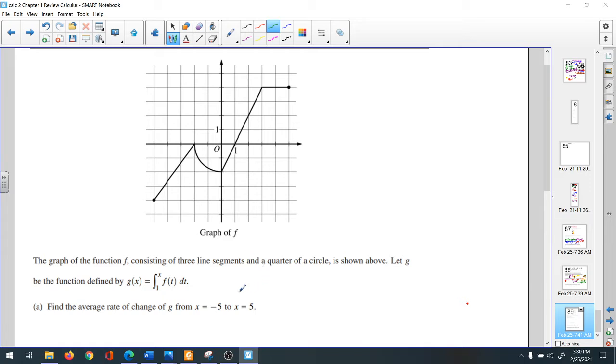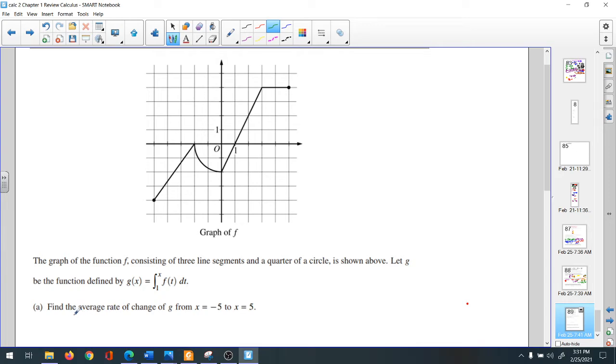Before we answer part A, when you see this form, g equals the integral of f, you should think right away that f is the derivative of g, because we're going to use it in different parts.